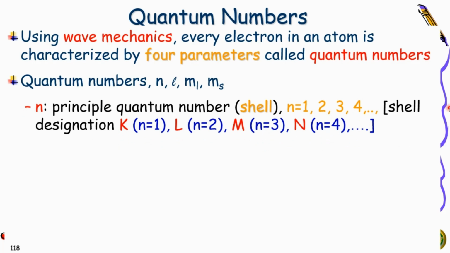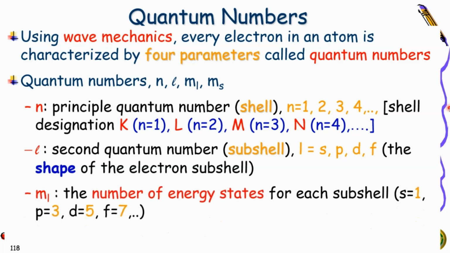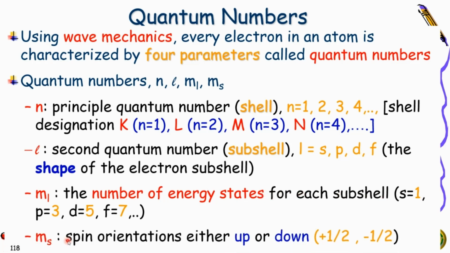The principal quantum number gives the K shell, L shell, M shell, N shell. The second quantum number is the subshell, s, p, d, f, the shape of the electron subshells. The m is the number of energy states. The s is the spin orientation, either spin up or spin down, clockwise or anti-clockwise.